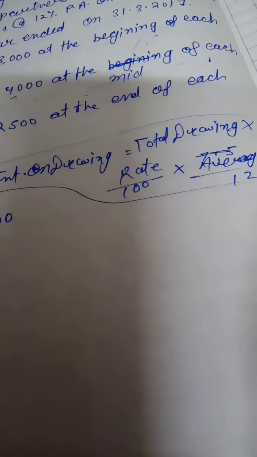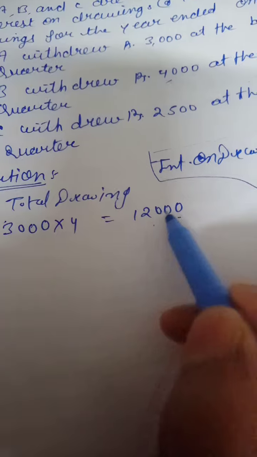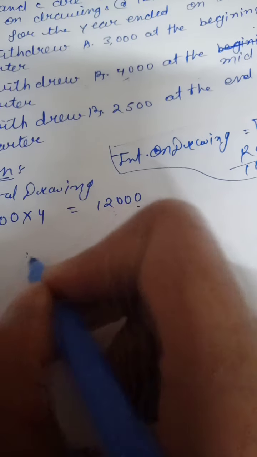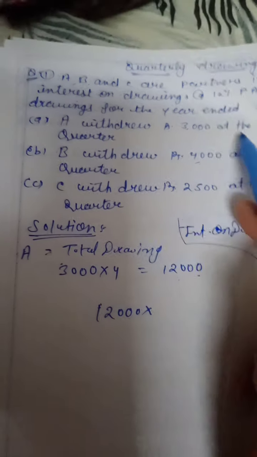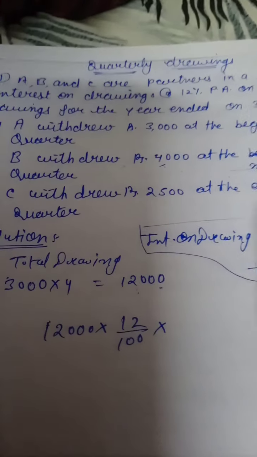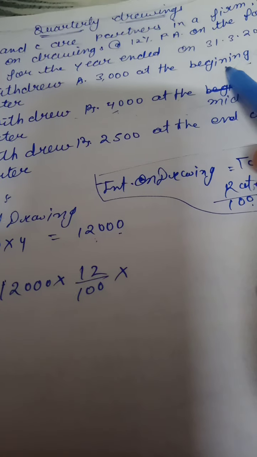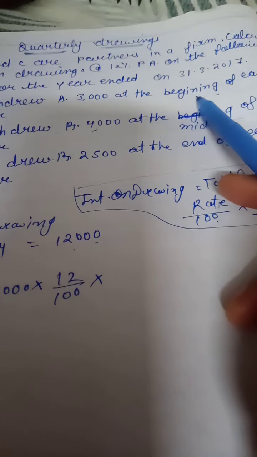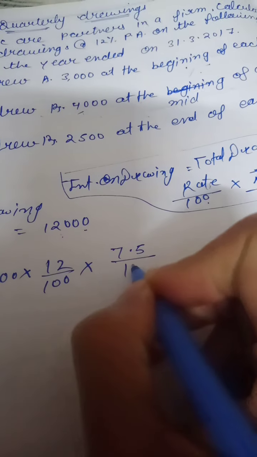This is the formula. Clear? Then total drawing of A is equal to 12,000. Applying the formula, 12,000 into rate of interest 12% per annum, so 12 upon 100. Average period. What is the average period? When withdrawing at the beginning of each quarter, we take the average period as 7.5 months, so 7.5 upon 12.